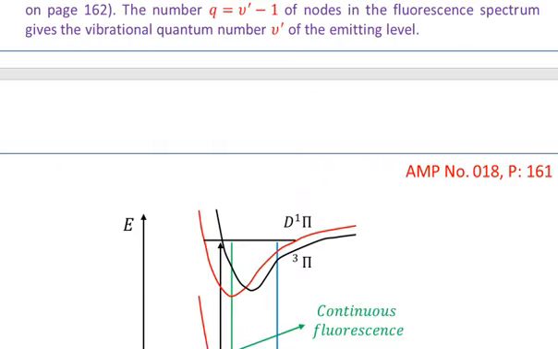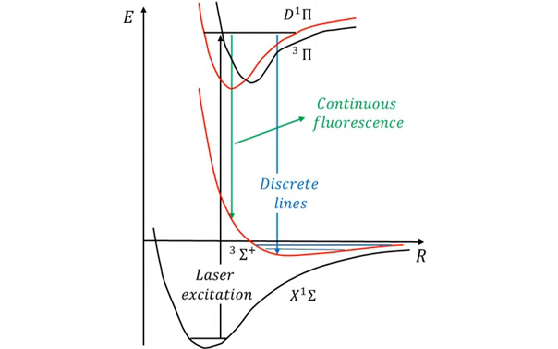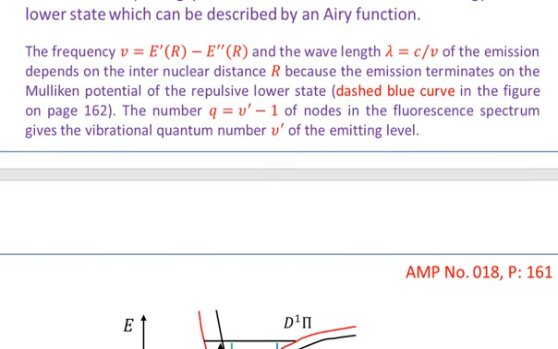That is, you see that in the red curve there could be some discrete states, following the transitions from D 1 pi states, and there are also some states above the dissociation energy of this molecule where the potential is a repulsive potential, giving you a continuous spectrum. And the transition from the 3 pi to this 3 sigma plus state will occur for the continuous fluorescence.